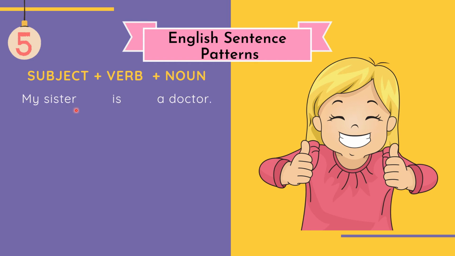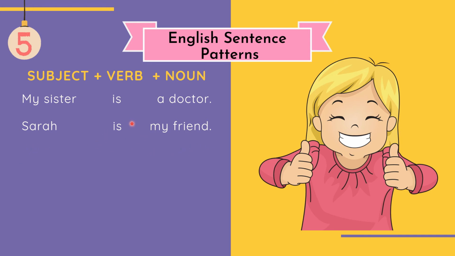The first one, my sister is a doctor. So the subject is my sister, the verb is verb to be, is, and then plus a noun, a doctor. Second example, Sarah is my friend.